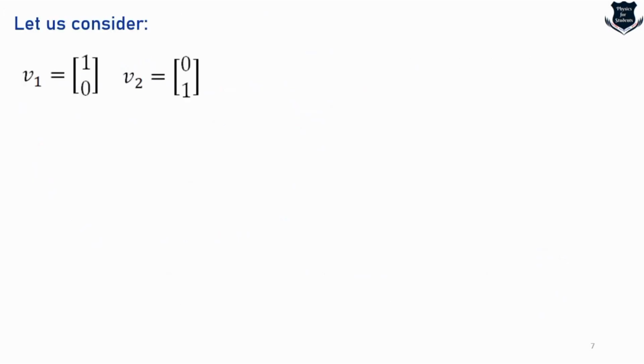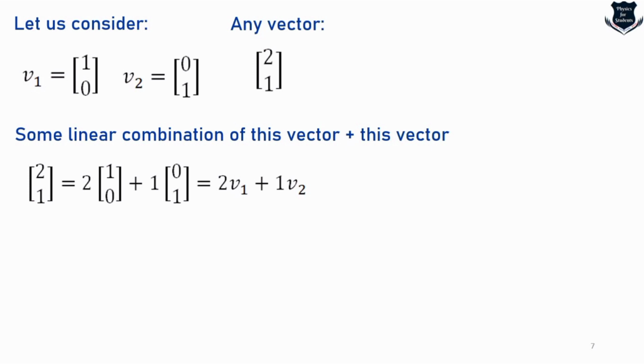So for example, let us consider v1 and v2 as the two vectors which I have written, and let us consider the vector 2, 1. If I want to write this, it is a linear combination of this vector plus this vector, so 2, 1, written as a column, is 2v1 plus 1v2.